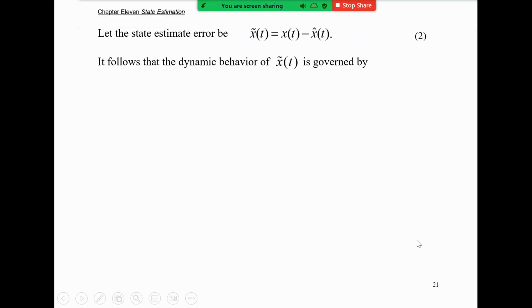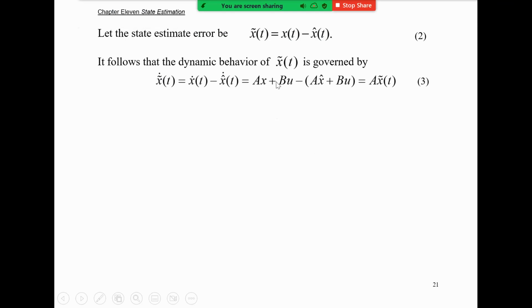Then we need to write down the equation for the error rate. The change rate means that you have to get the derivative of x tilde. Of course, we have the equation for x and the equation for x hat, so it's very easy to get the equation for the change rate of x tilde.